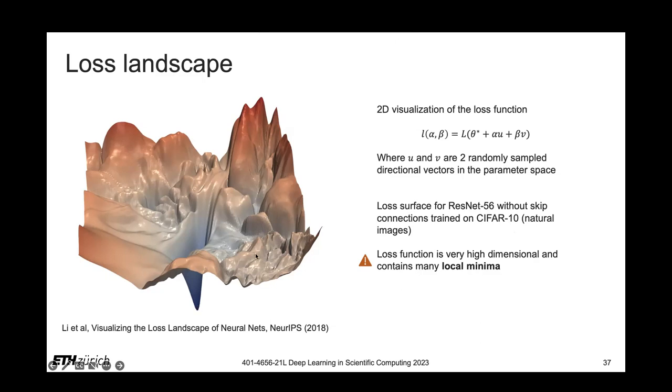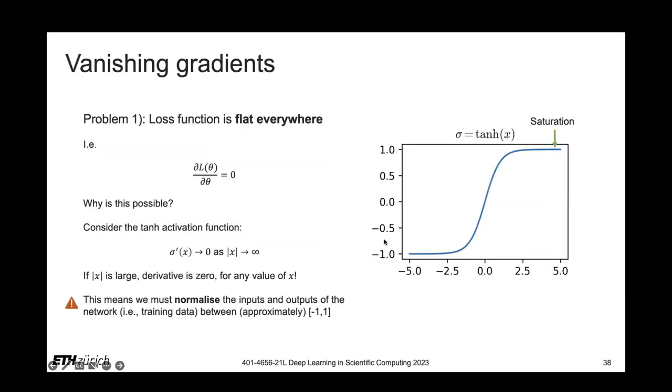And obviously you can see it's incredibly complex. It has lots of local minima, saddle points, lots of interesting things going on. There are two big problems when you look at these loss functions, particularly when you're training neural networks.